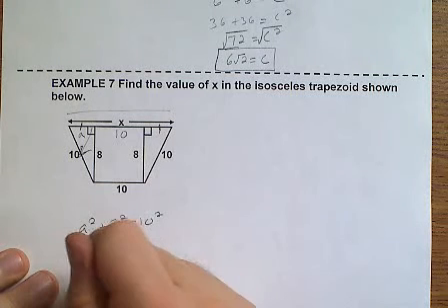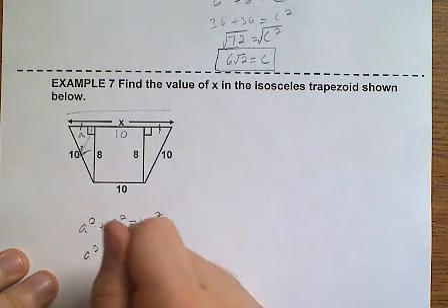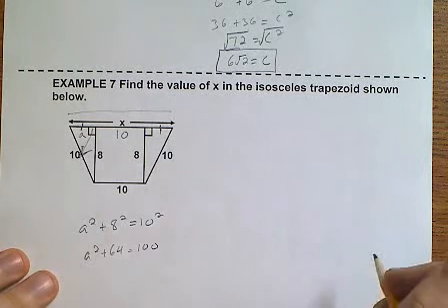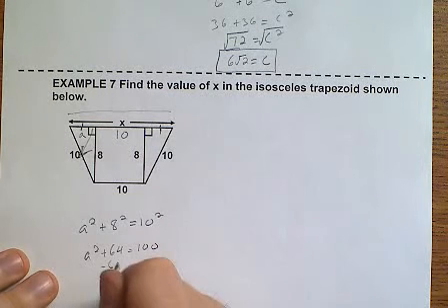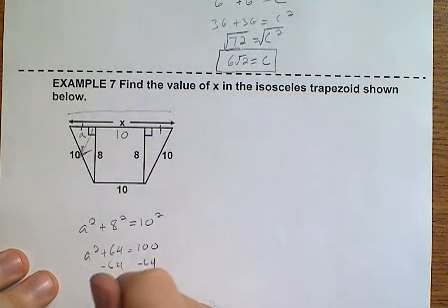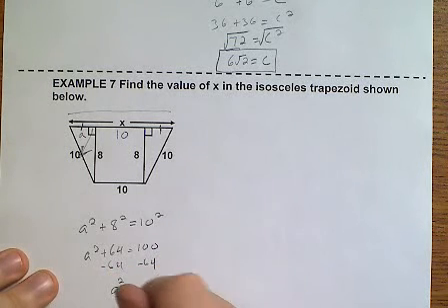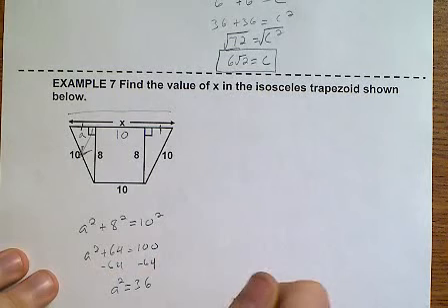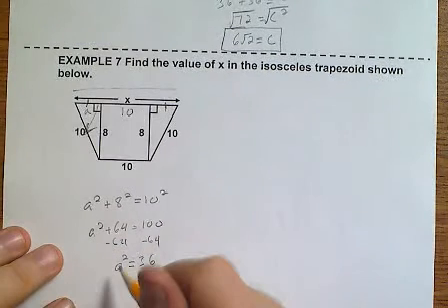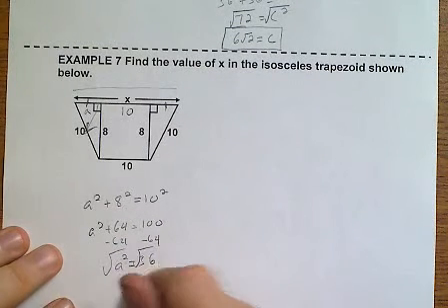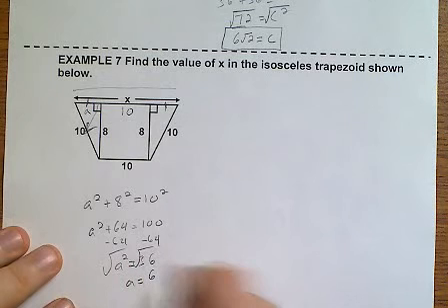So A squared plus 64 equals 100. Subtract 64, and A squared equals 36. We take the square roots, and we find that A equals 6.